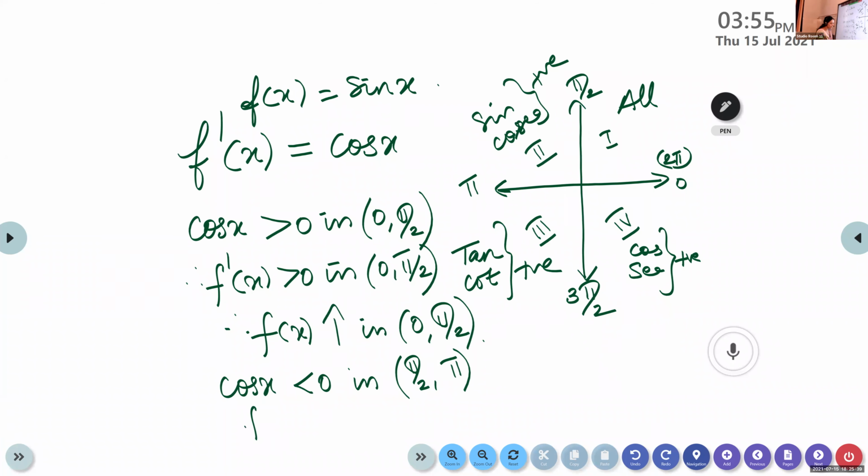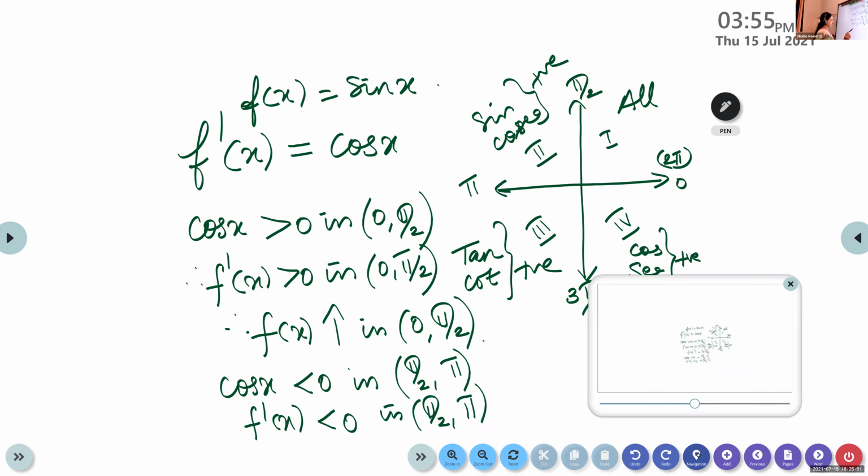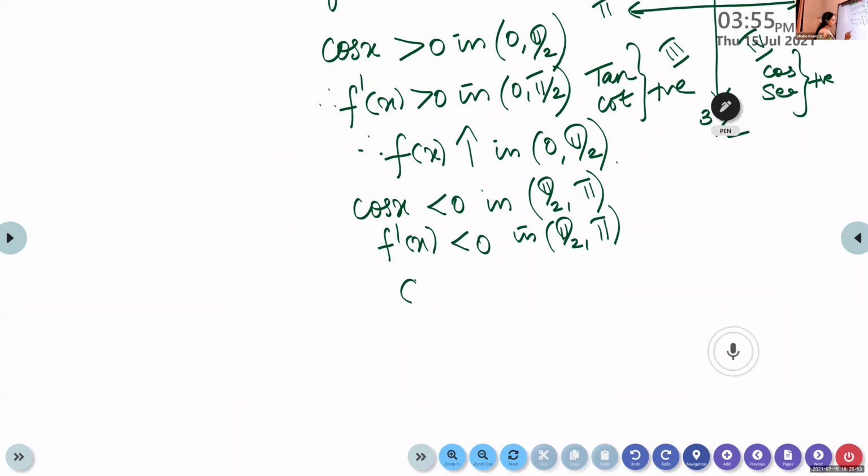So f dash of x is negative in the interval pi by 2 to pi. Therefore, f of x is decreasing in the interval pi by 2 to pi.